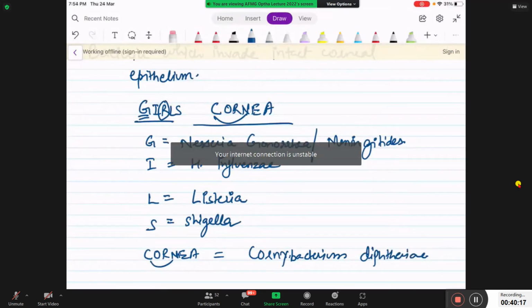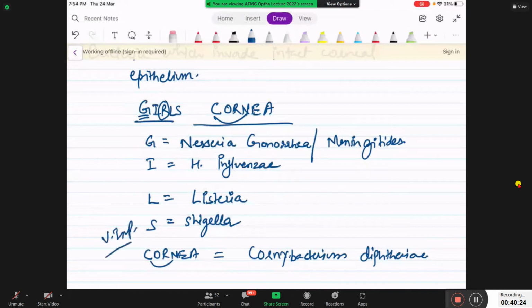So these are the bacteria which can invade the intact corneal epithelium, and they are very, very important. You have to remember this mnemonic.